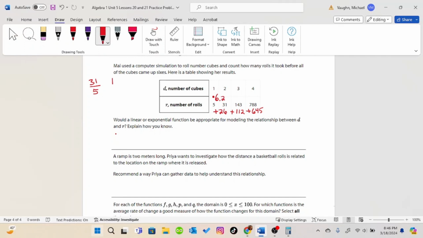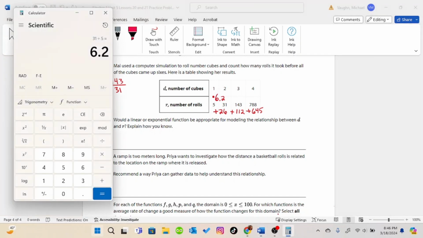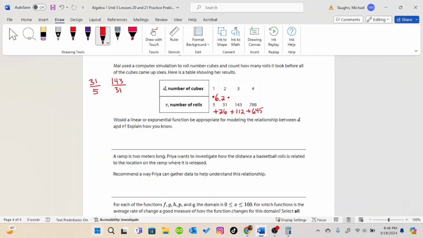Now let's try 143 divided by 31. This equals 4.6. So now we're multiplying by 4.6.